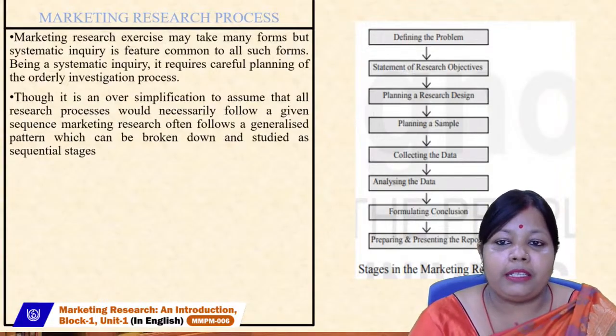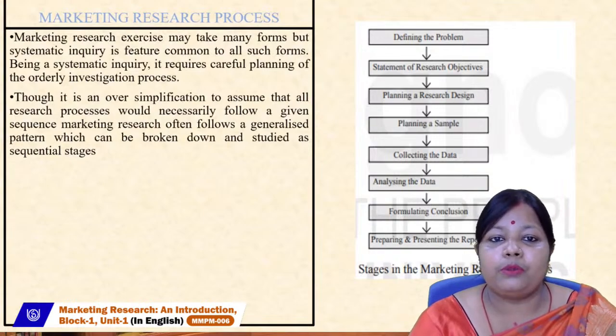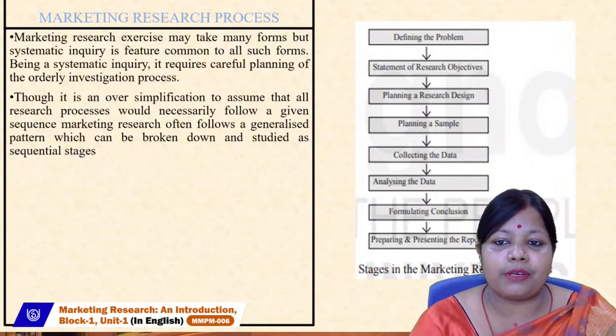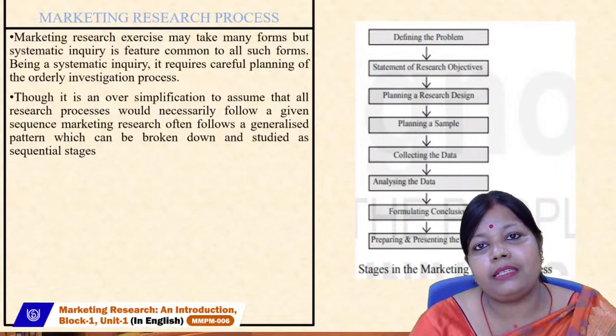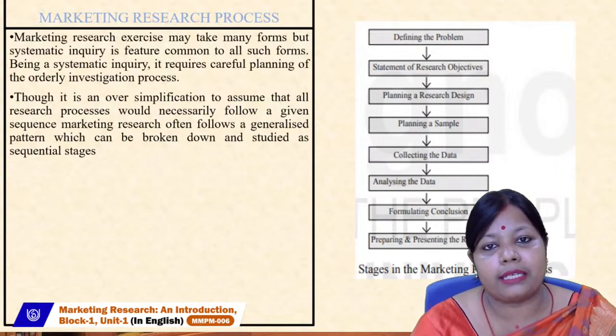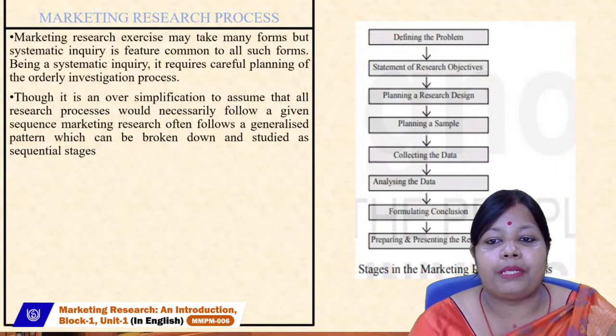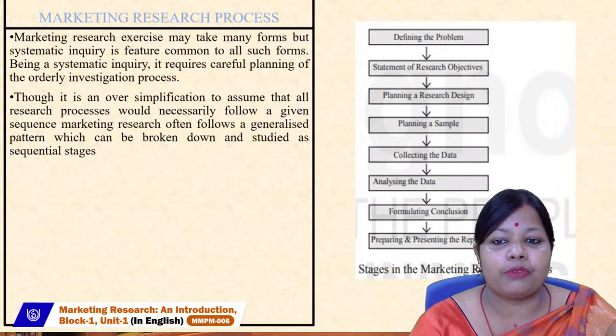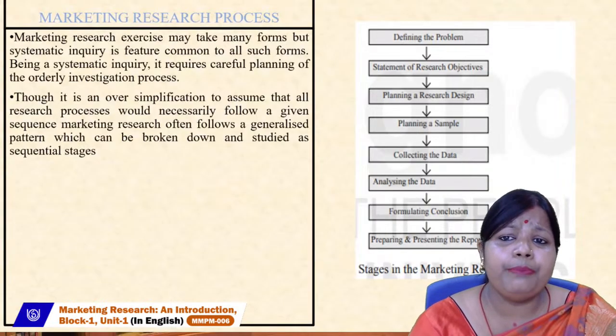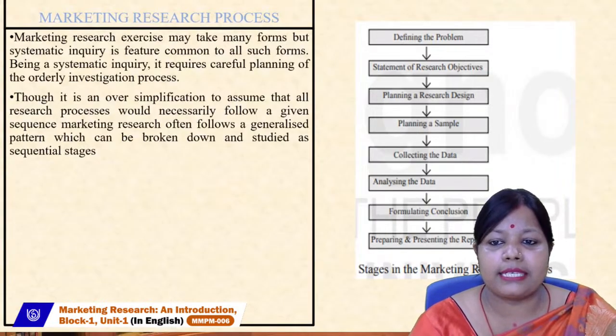So many a time it is not possible to adopt the census method. It is also not scientific in nature. That is why in many research problems we use the sampling method to collect the data. So we will also plan a sampling method which will be suitable for my research statement.